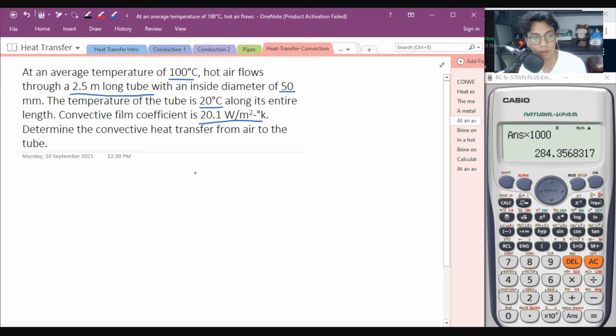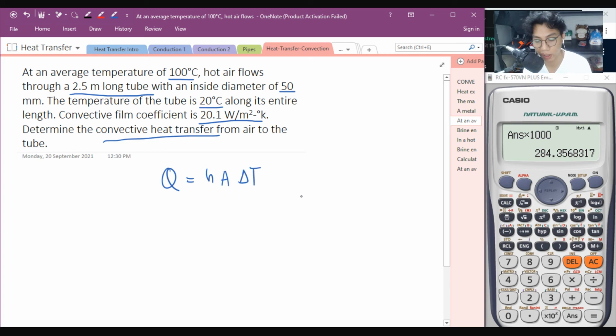So, anong hinahanap dyan? The convective heat transfer. Q. So, Q is equal to, binigyan ka ng convective heat or convective film coefficient of H, A, delta T. May area bang binigay sa'yo dyan?